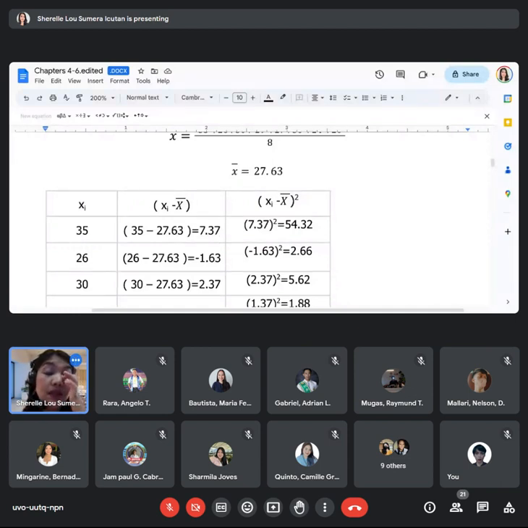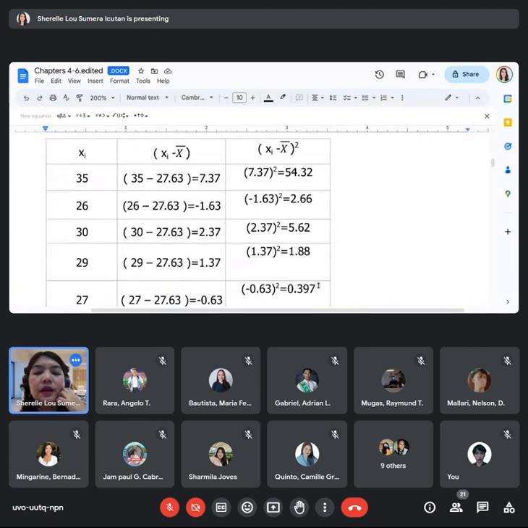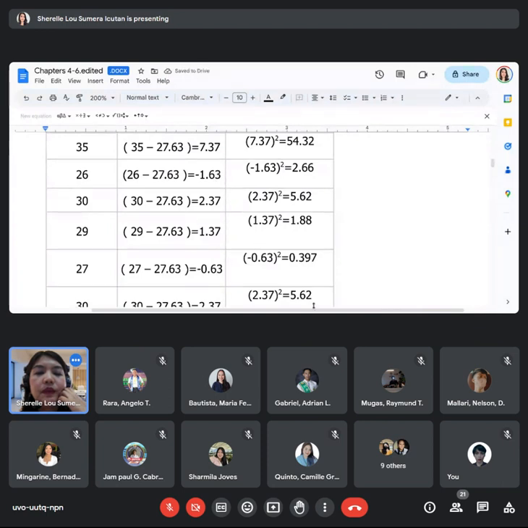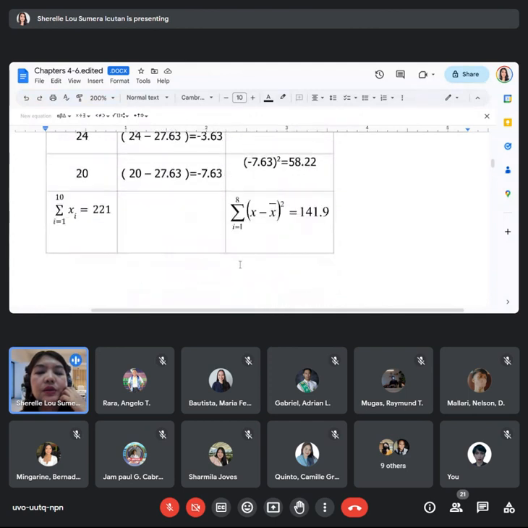Take note that in your MAD, you also get the difference here, but you get the absolute value. However, in your variance, instead of getting the absolute value, you just have to square. So 7.37, you have to square, 54.32. You get the difference and then you have to square. 2.66, get the difference and square. You have to do that in each of your given values. So you will have a sum.